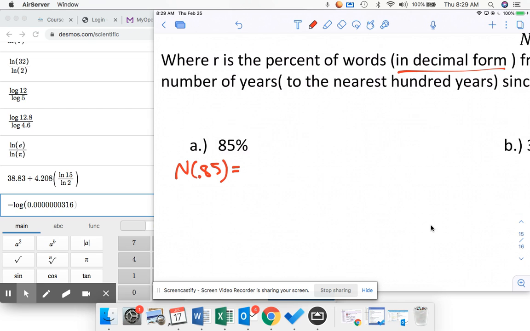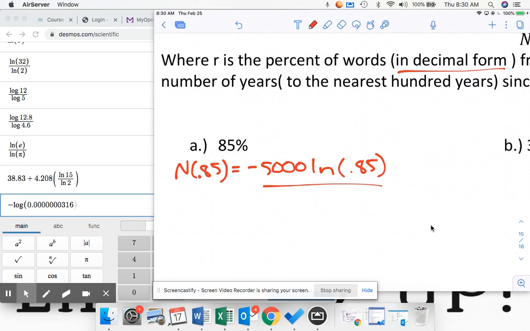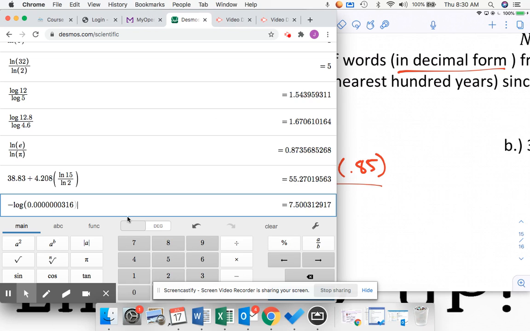These bigger tools, ln, we can look those up. But knowing how to do a percent, that's a critical thing. You've got to be able to do a percent real fast. So negative 5,000 ln of 0.85. All right, so that looks like this entire side is actually just numbers. I can jump over to the calculator.